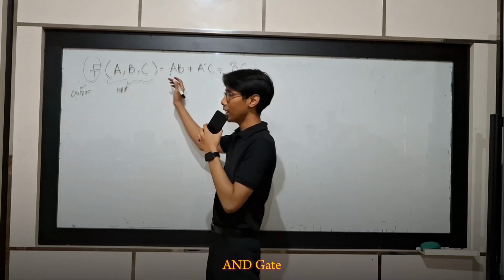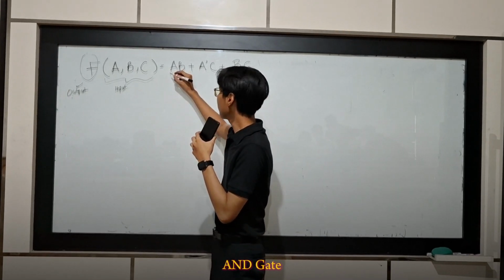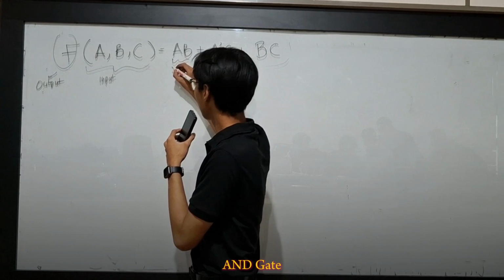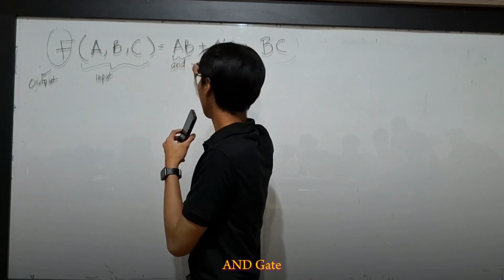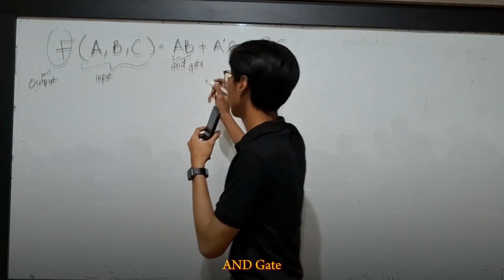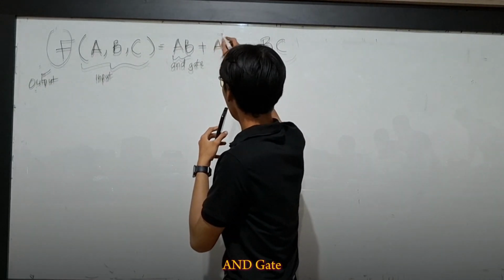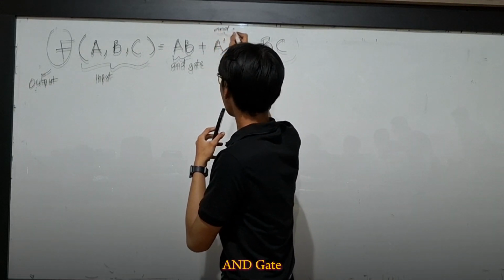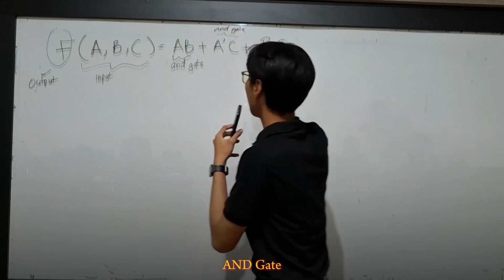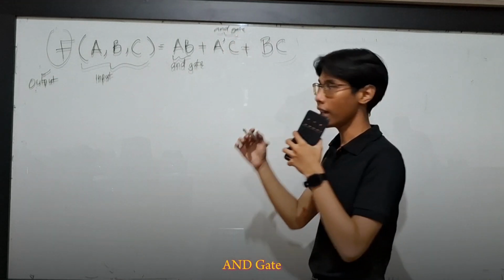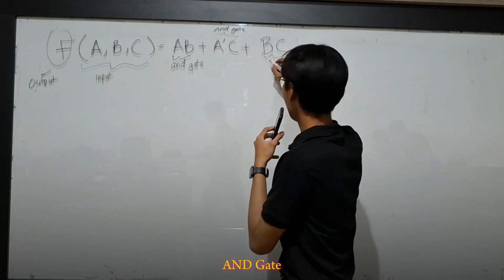Okay, A and B, this is an AND gate. A inverse times C, this is an AND gate. And the last one is B and C, this is an AND gate.